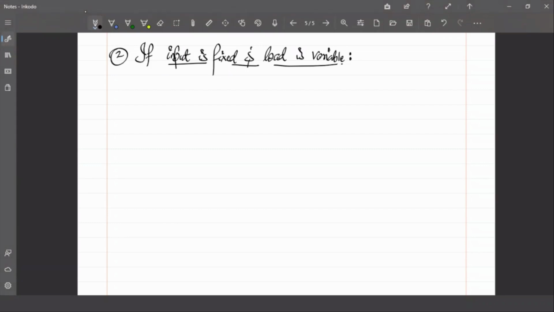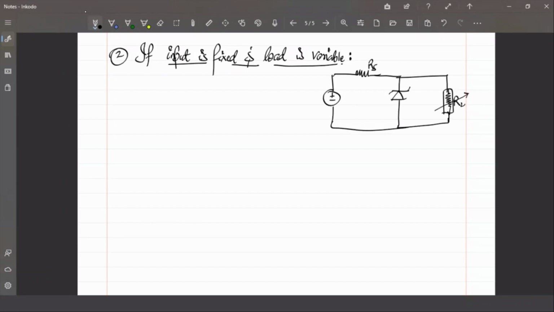The same circuit, but now load is variable here. So let me draw this plus and minus. This is my source. This is RS. And this is the Zener diode. This is the load, RL. But here the load is now variable.